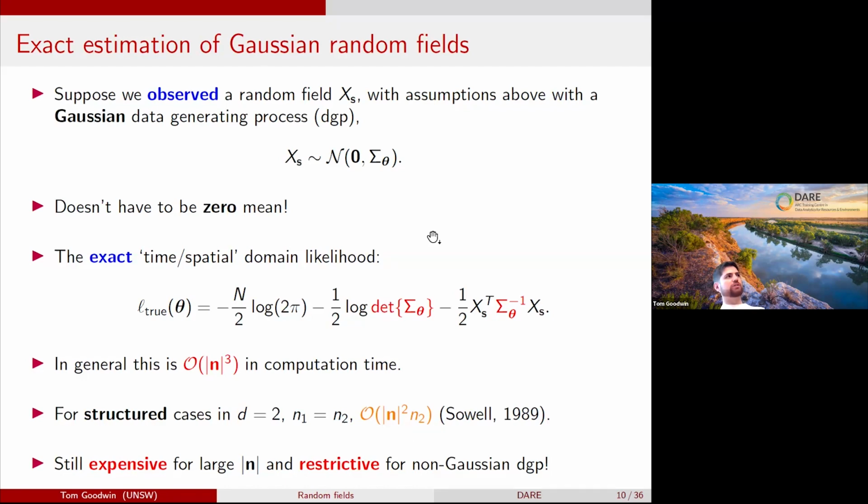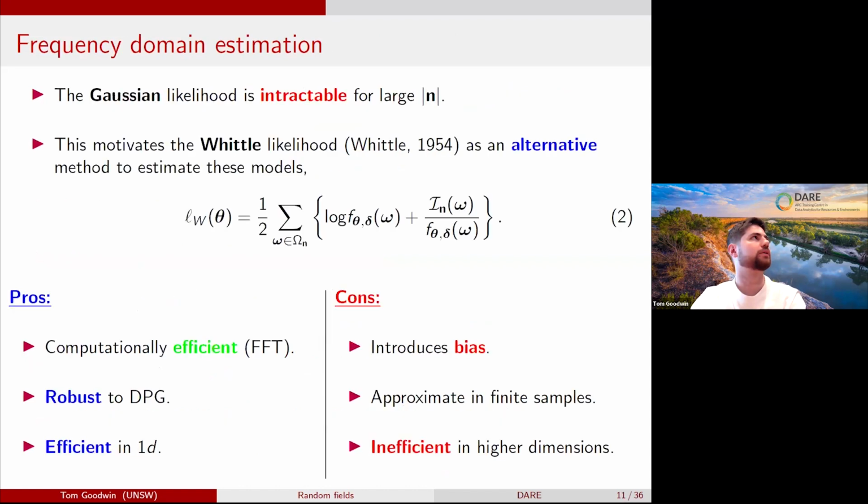So it's not trivial to even maximize this likelihood because it just takes too long to compute. For irregularly spaced data, you either run out of computation time, or you'll just run out of memory. So it's restrictive in the memory and the time it takes to evaluate this likelihood. And obviously we assume it's Gaussian because we have the Gaussian likelihood, which may be inappropriate for some data.